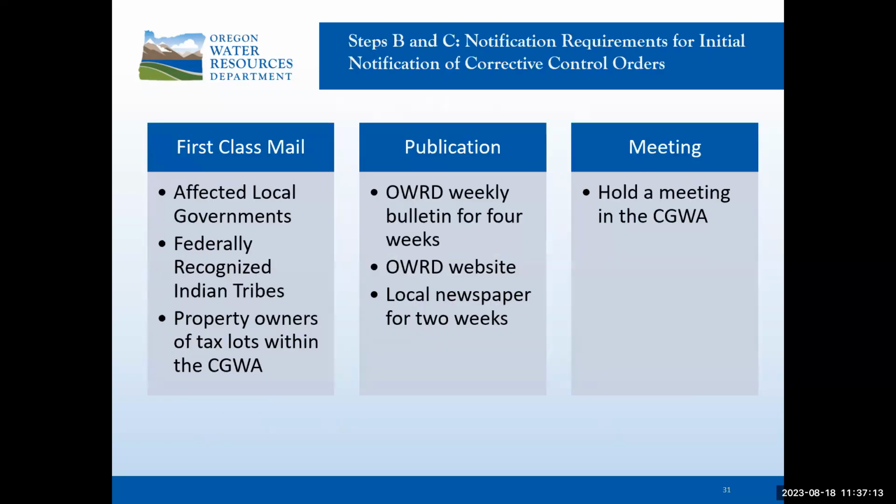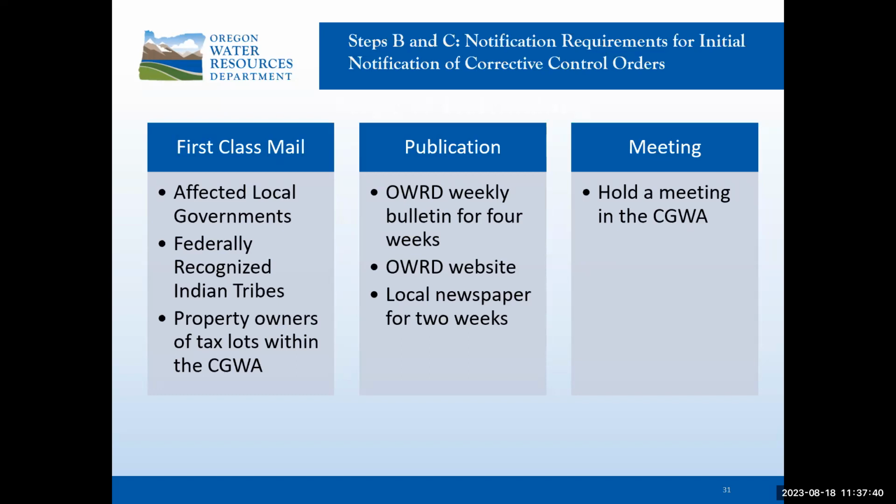So how is it going to be delivered? First class mail is going to be used to send the initial notification of corrective control orders to affected local governments, federally recognized Indian tribes, and property owners of tax lots within the critical groundwater area. It's also going to be published in the OWRD weekly bulletin for 4 weeks, on the OWRD website, and in the local newspaper for 2 weeks.